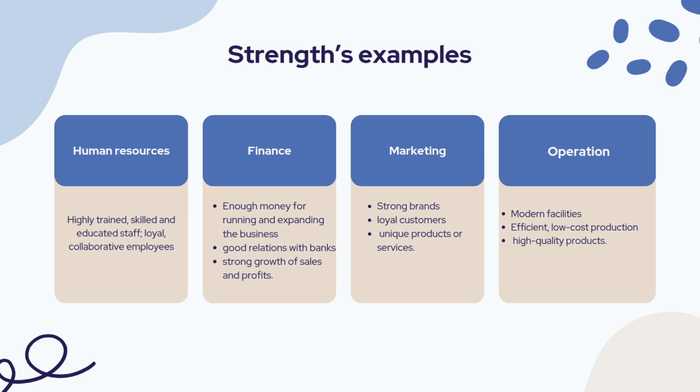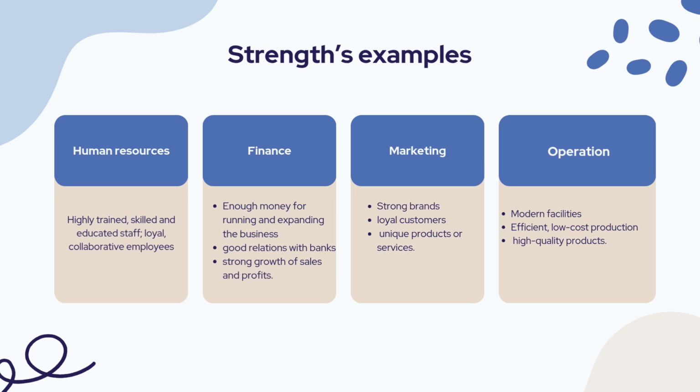So these are the strengths for human resources. In finance and accounts, in your business, you might have a lot of money for running and expanding the business. This is a very good example of strength. And good relations with banks, like the banks are willing to lend you money. And strong growth of sales and profits.